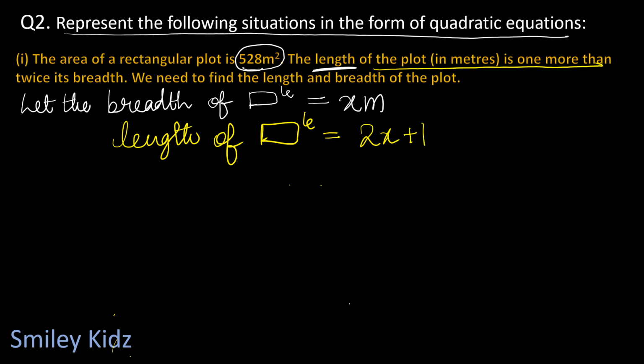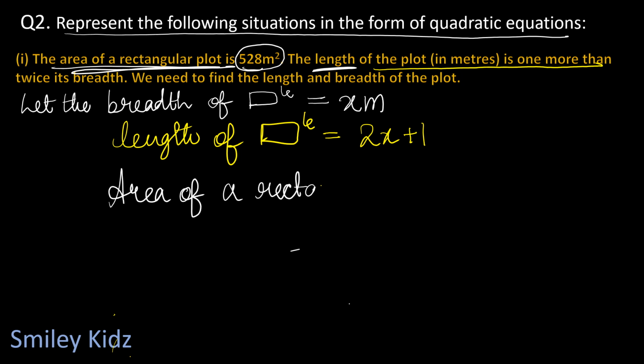So now we know the length and breadth of the rectangular plot. Now let's represent it in the form of an equation. How do we do that? Well, we know that the area of the rectangular plot is 528 meters square. And we know that area of a rectangle equals to length times breadth.